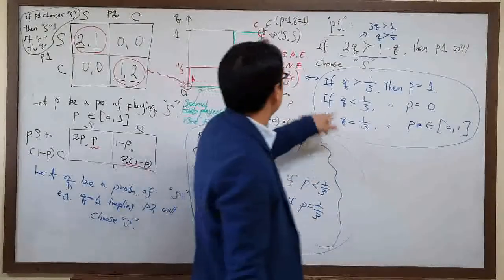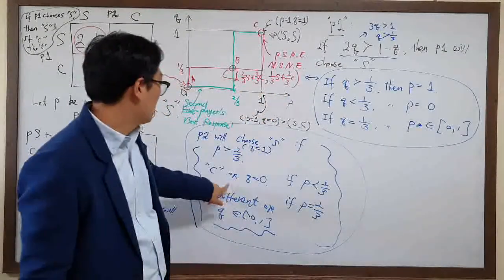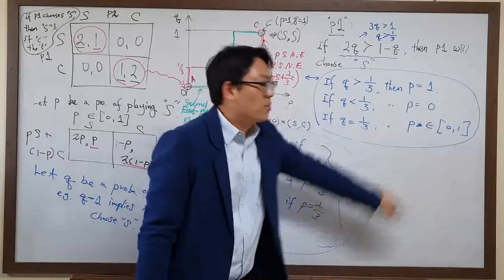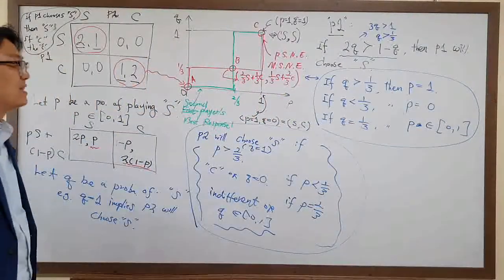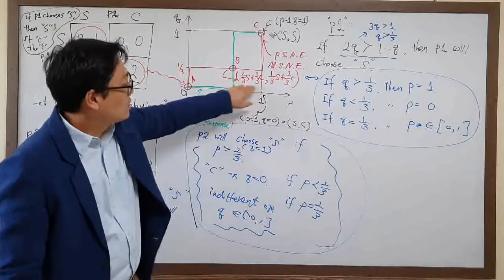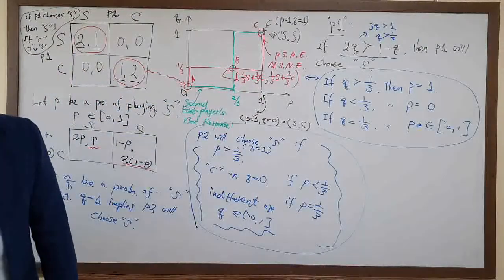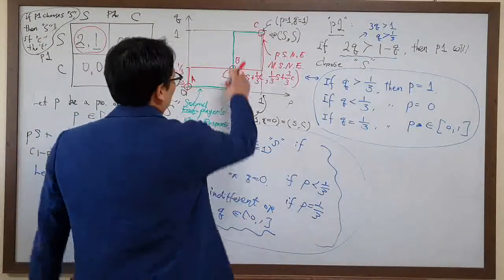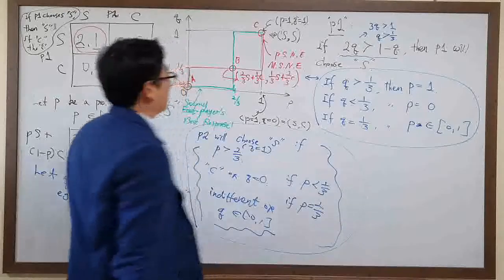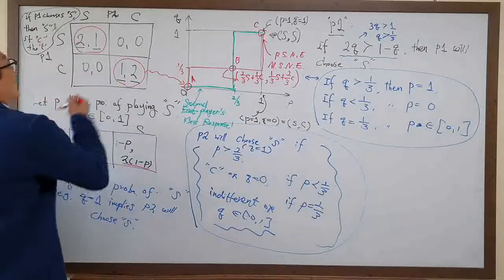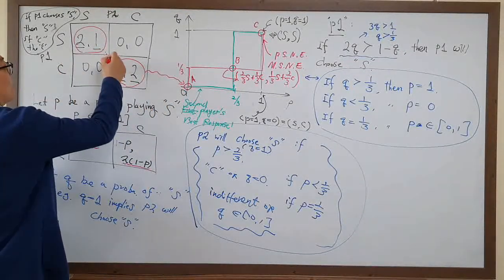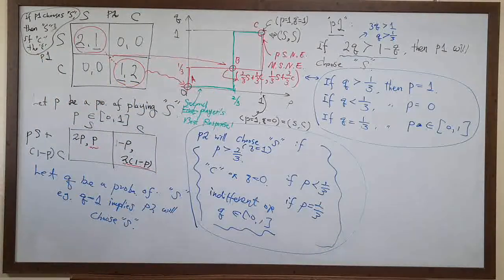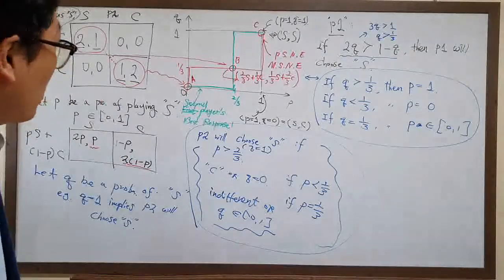If we are playing Q equals 1/3, the first player can choose any number. So the first player doesn't have any reason to deviate from the current Nash equilibrium. If we deviate just a little, there is no reason to. So as you can see, in the middle of these two, this is a mixed strategy Nash equilibrium. So there are three Nash equilibria.